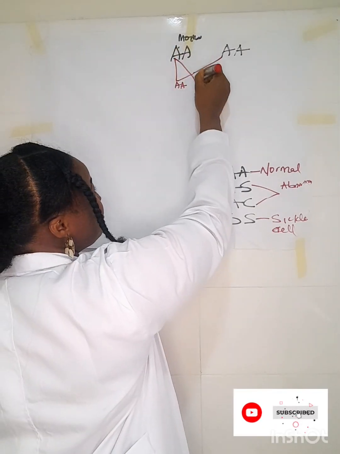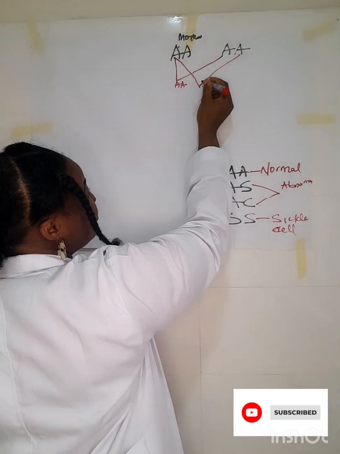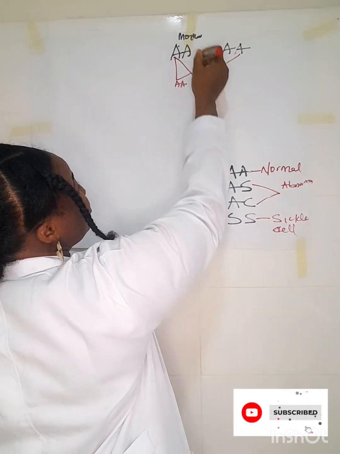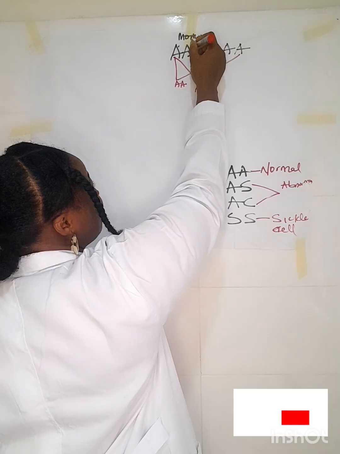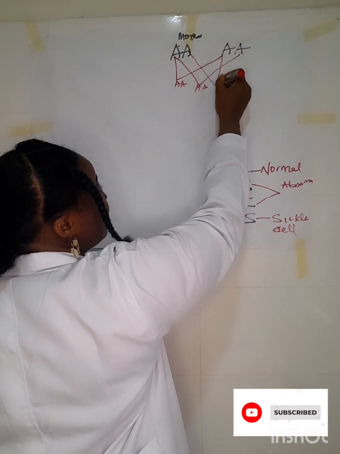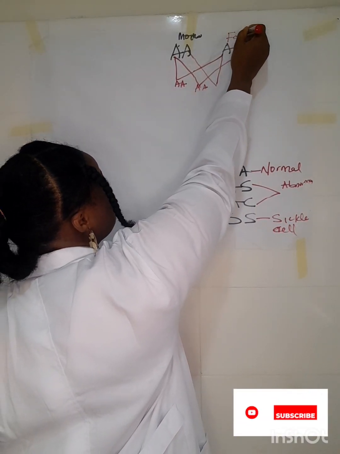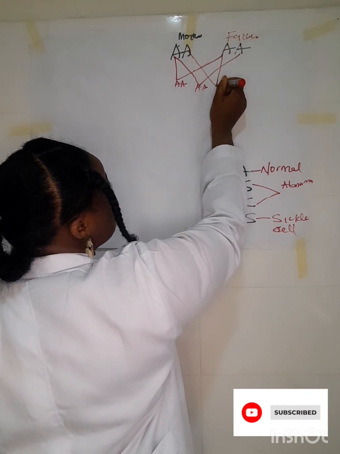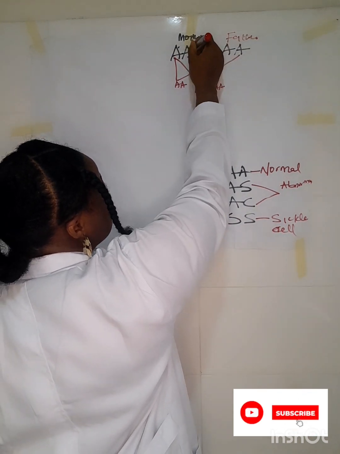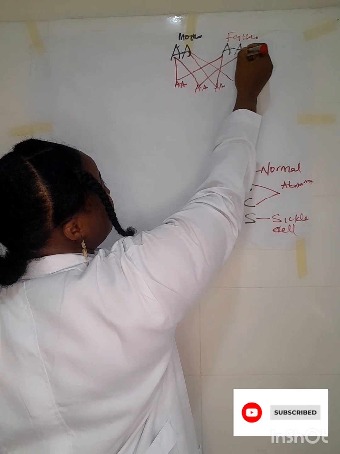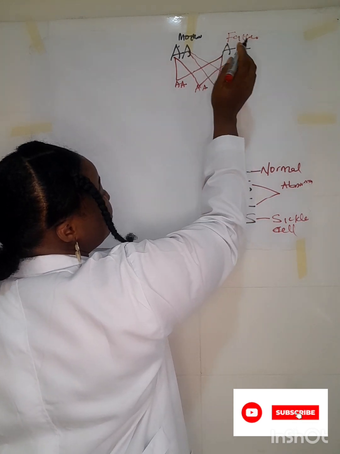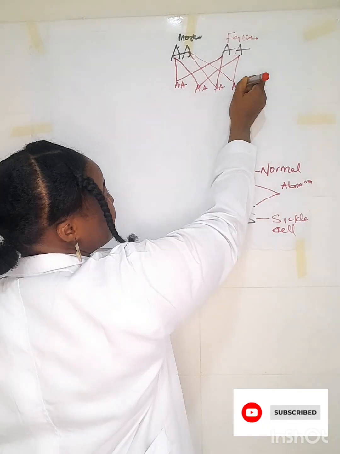The first A from the mother combines with the second A from the father, you get an AA. The second A from the mother combines with the first A of the father. Remember, this is the father. You get an AA child. The second A from the mother combines with the second A from the father, you get an AA child.